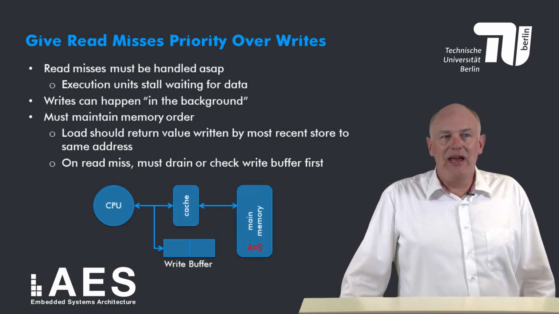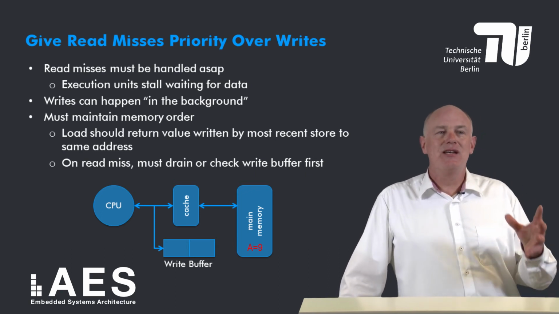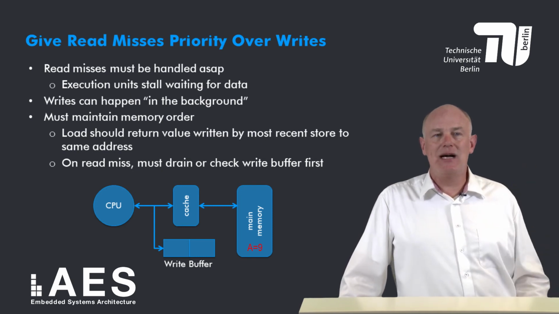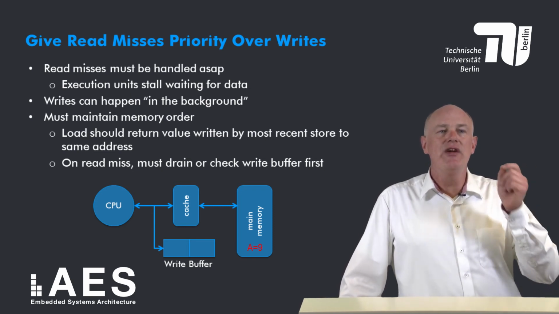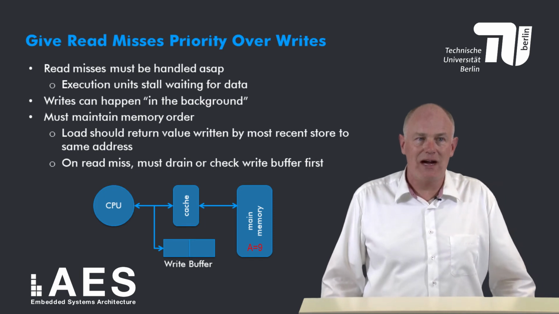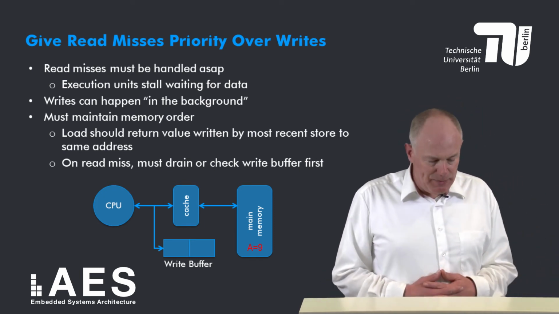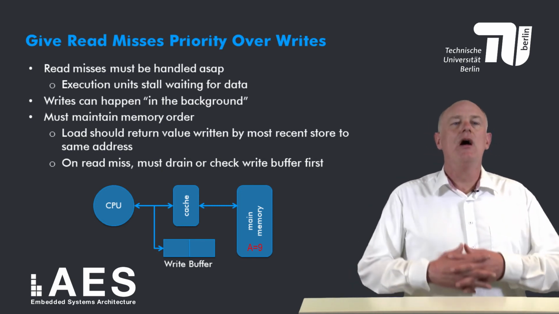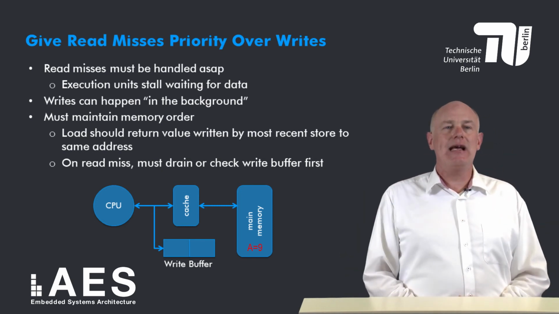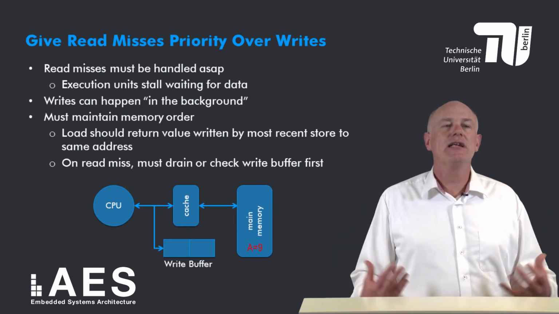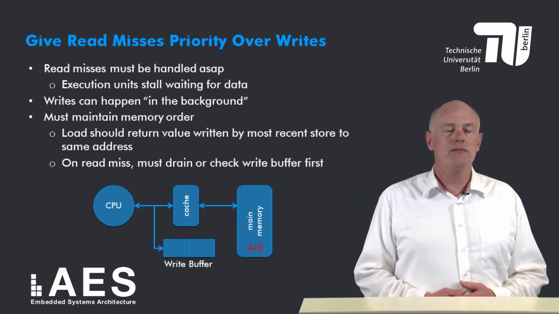Now I have everything in place to discuss the last basic cache optimization technique, giving read misses priority over writes. As I said before, read misses must be handled as soon as possible because the execution units are hungry, they stall waiting for data.